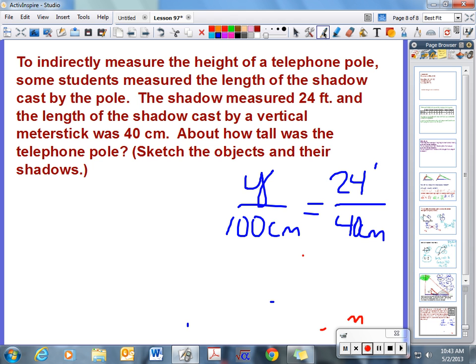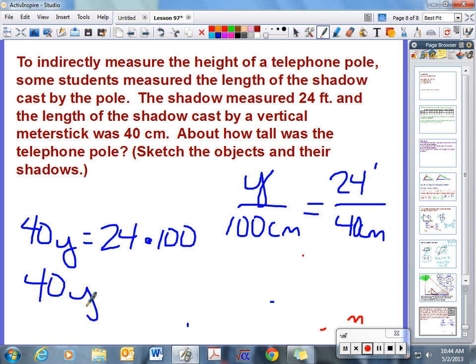All right, so if we go back to our cross products, then we have 40y equals 24 times 100. 40y equals 2400. And so y would equal 60. Now, we've got to think about what that 60 means.